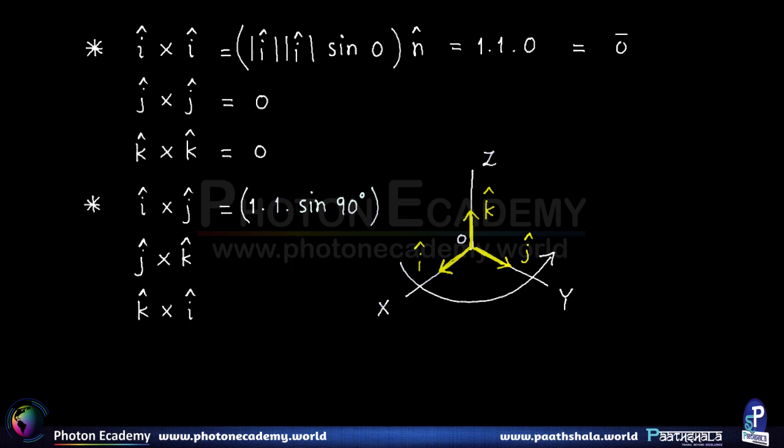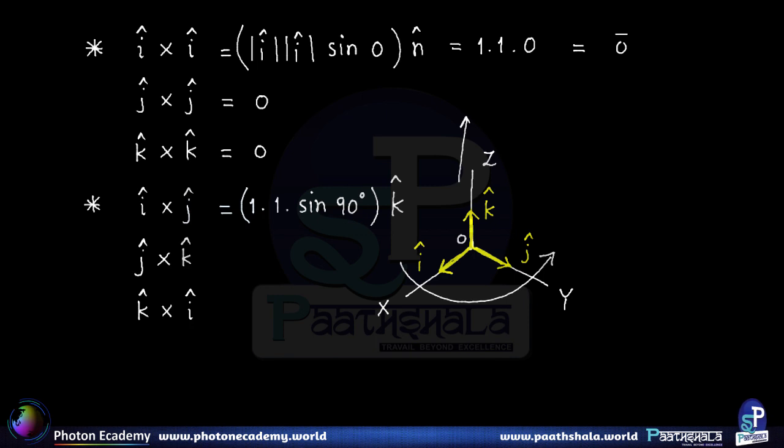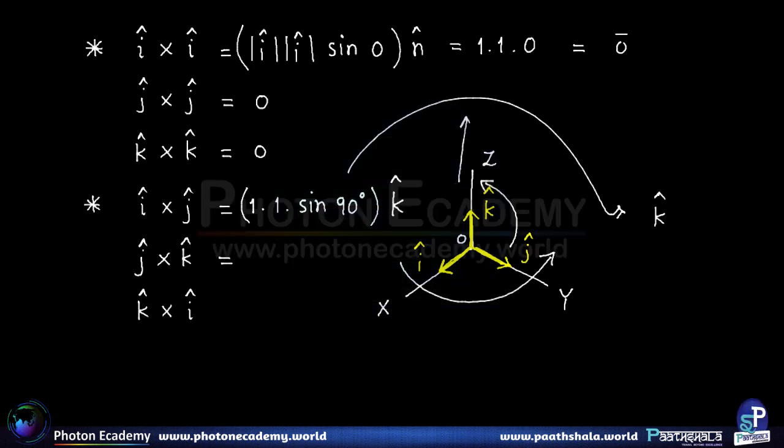So we write k cap in place of n cap, because n cap is just a general unit vector in the required direction, and since we have k cap already defined, we use that. Finally the answer of the expression turns out to be k cap. Similarly we can find j cross k. If you sweep j bar and k bar with the right hand, the thumb will point in the direction of i cap. And if we do k cross i, we get the answer j cap.